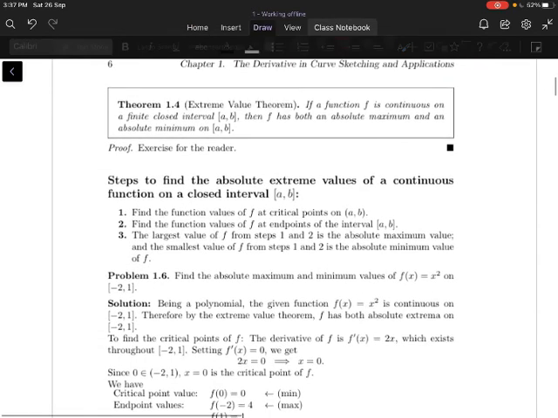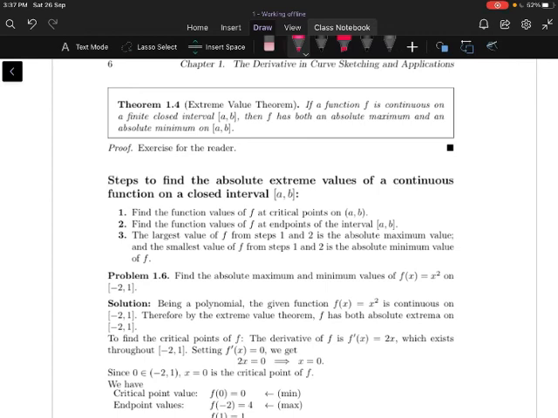Let us move to the important theorem, the extreme value theorem. If a function f is continuous on a finite closed interval a comma b, do you know what exactly the meaning is here? You take the interval a comma b for all the values of x that lie between a and b, including a and including b.